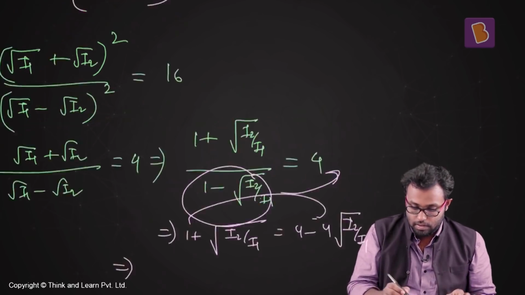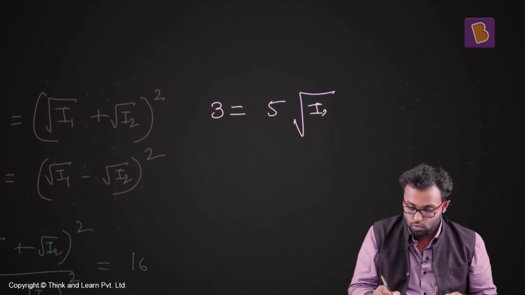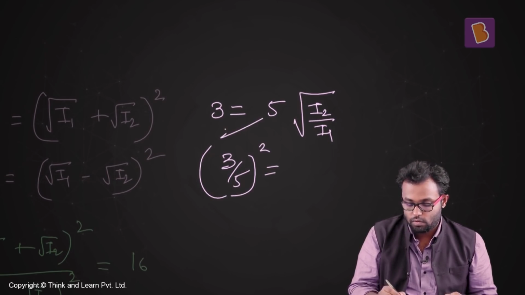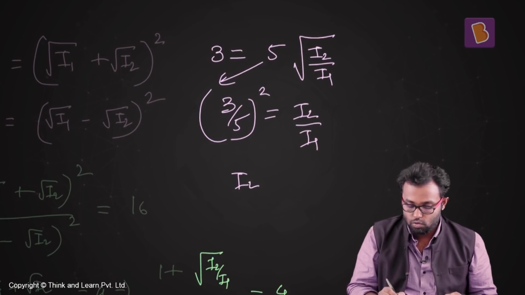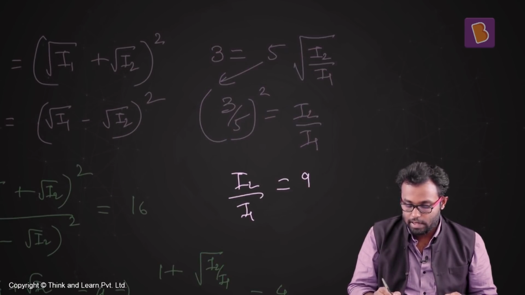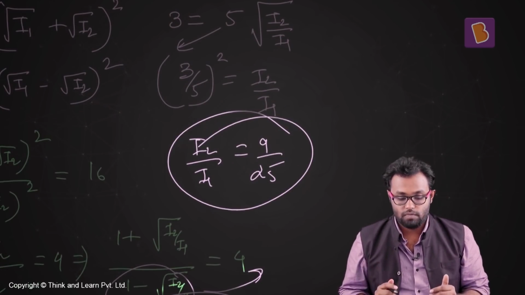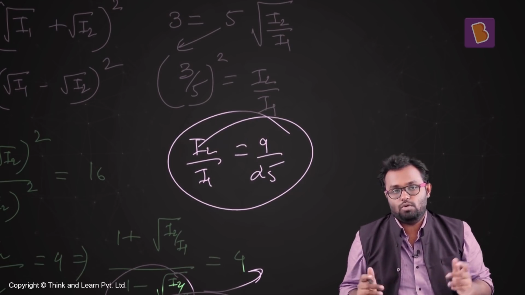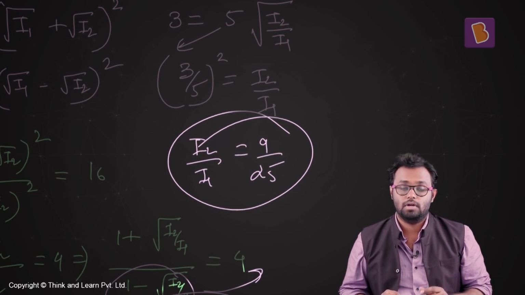So this becomes 3 equal to 5 root over I2 by I1, and 3 by 5 whole squared will become I2 by I1. That makes I2 by I1 equal to 9 by 25, and that's the ratio of actual intensities, 9:25, or in the options you have 25:9, so that's also fine, it could be either. So 25:9 is the right answer, so B is the right option for this problem.